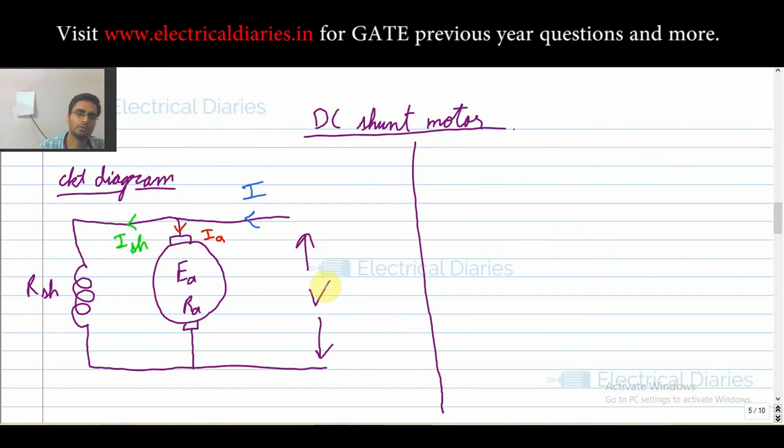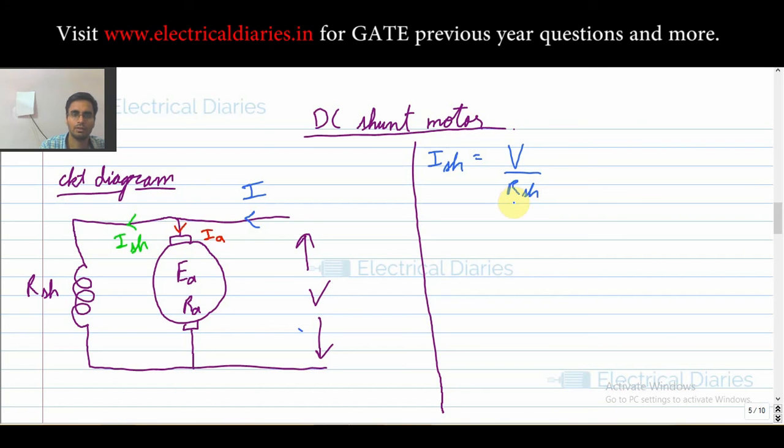Now what you should remember about this motor is the simple equations of KVL. In the shunt motor, the key point is that if the supply voltage is not varied, then your shunt current will also not vary. ISH is equal to V divided by RSH.